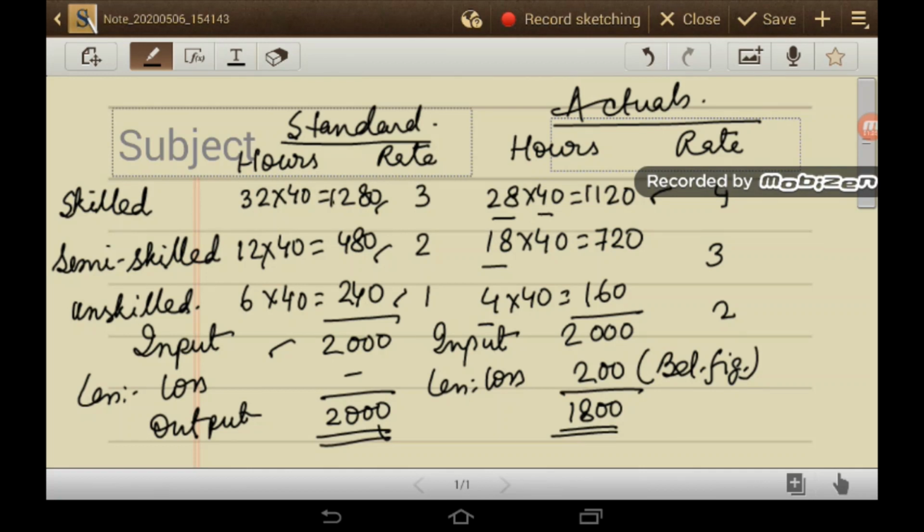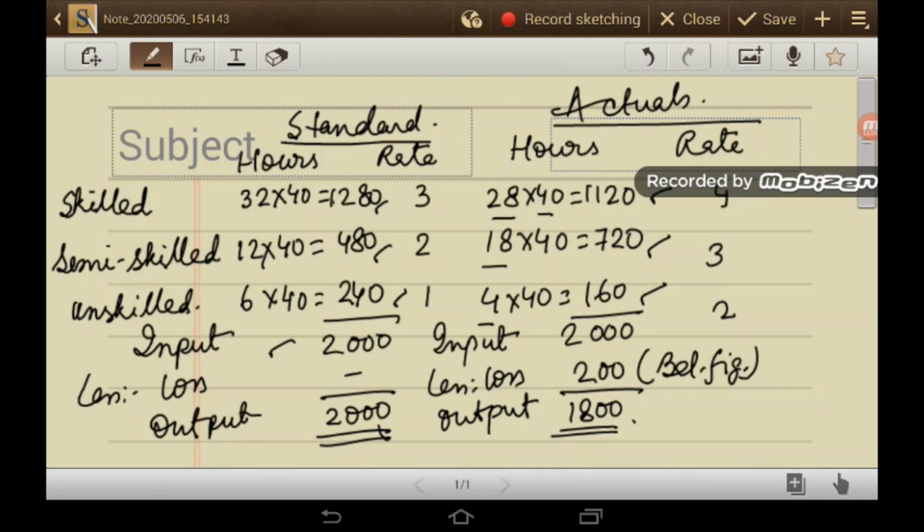Semi-skilled workers have worked for 720 hours and unskilled workers have worked for 160 hours. So total input hours is 2000, but actual output is 1800 hours, which is given in the question. So there is a loss of 200 hours, and the standard rate and actual rate are already mentioned.